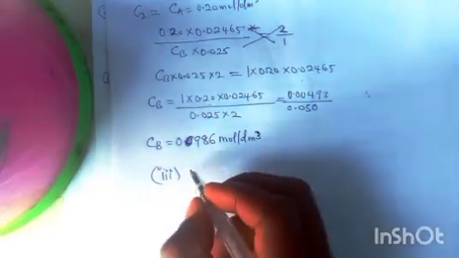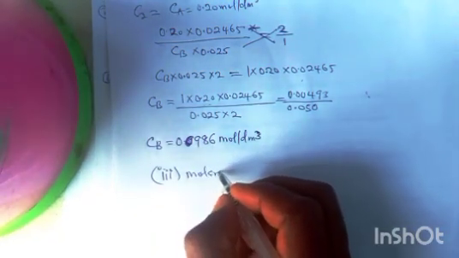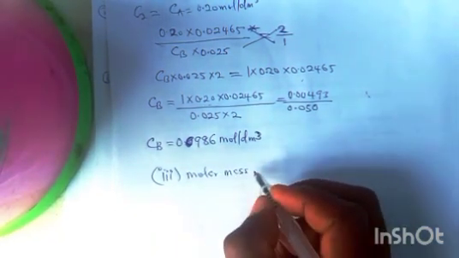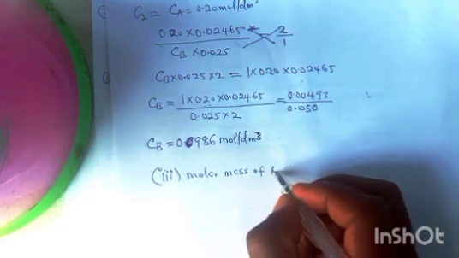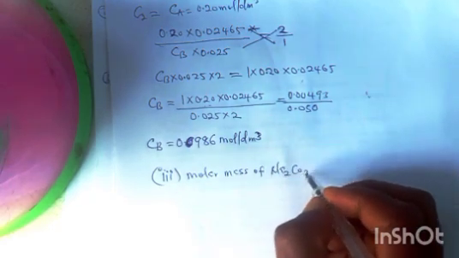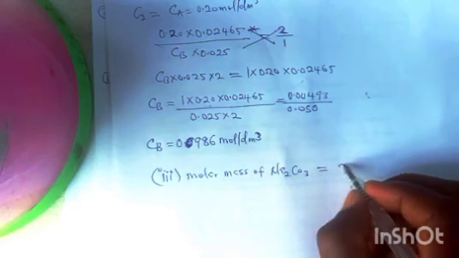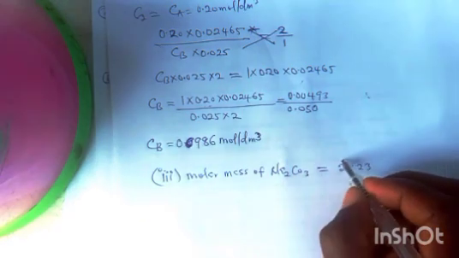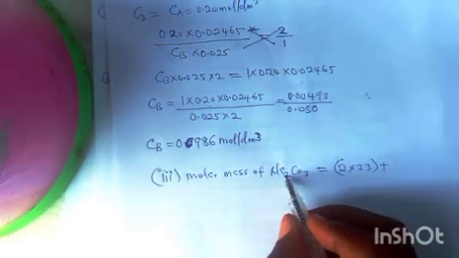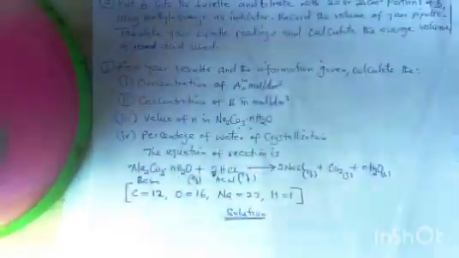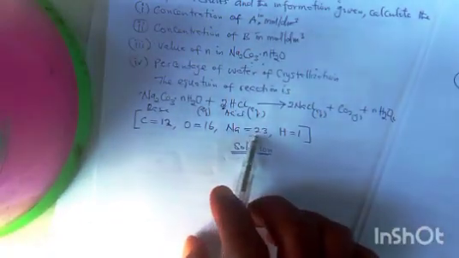Therefore we have the molar mass of sodium carbonate is equal to: sodium is 23, therefore 2 times 23, because this is Na2. Sodium is 23 already, check the values here. So we put 23 times this 2 that is here.